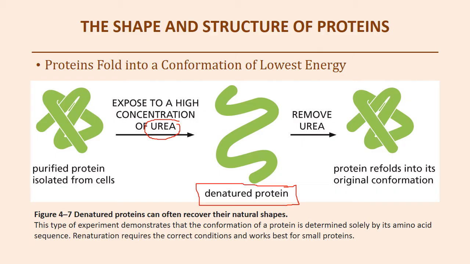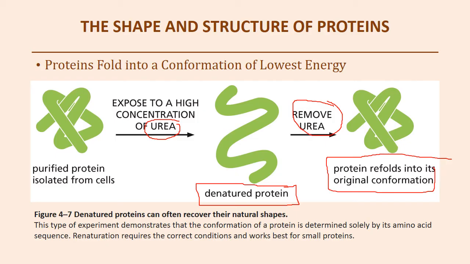A denatured protein, by definition, is a protein that has lost its original shape. Many times a denatured protein, depending on its level of unfolding, can actually completely shut down its function. However, there have been cases where if you remove the item that was causing the unfolding, so in this case the urea, the protein can go ahead and refold itself.